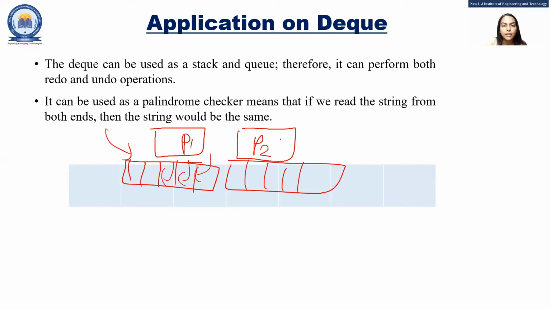Similarly for P2. After a certain moment of time, if this processor has more processes, this DQ can help the P1 processor to shift other processes to P2 for load balancing. So it is also used in multiprocessor and for scheduling purposes as well.